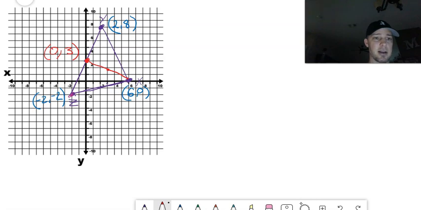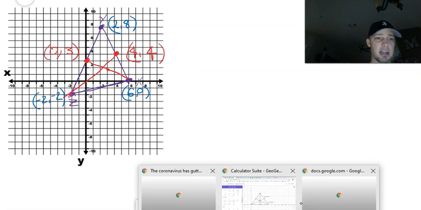All right, let's do another one here. Let's try these. To average the x-coordinates, 2 plus 6 is 8, 8 divided by 2 is 4. For the y-coordinates, 8 and 0, add them together, you get 4. So at 4, 4. That one's convenient. Connect my dots here. Not perfect, but decent enough.